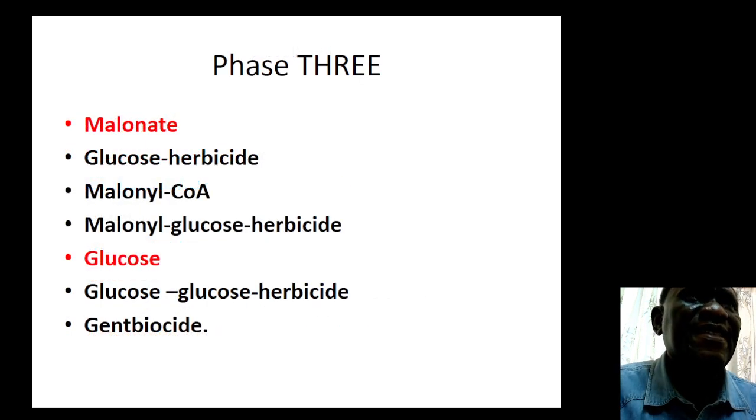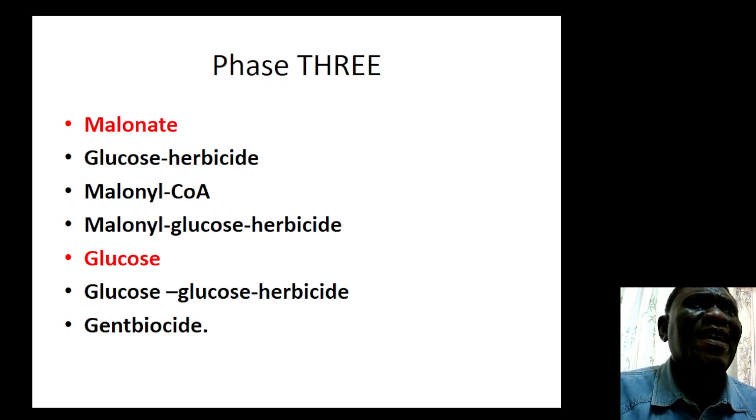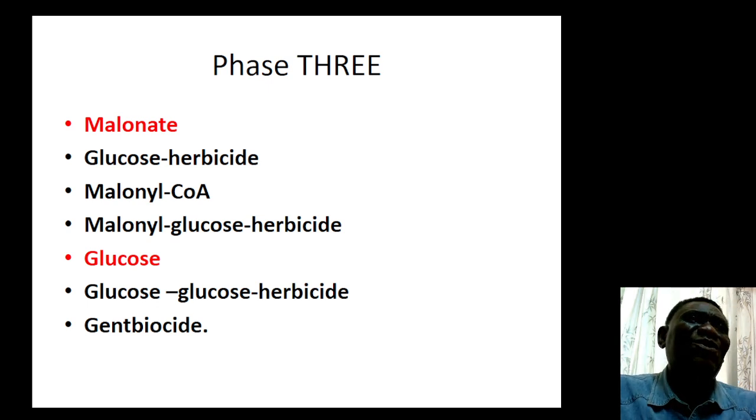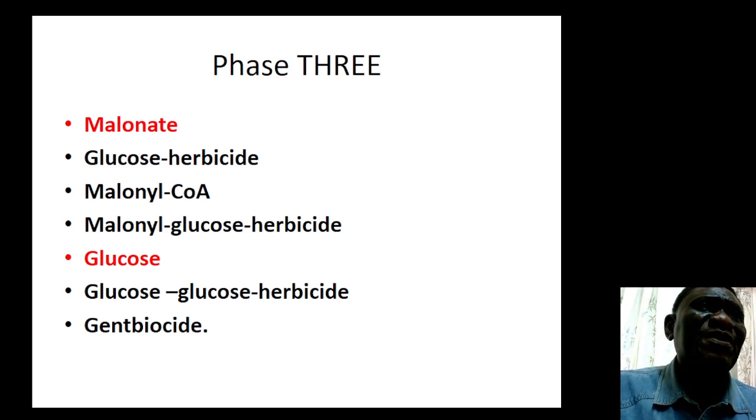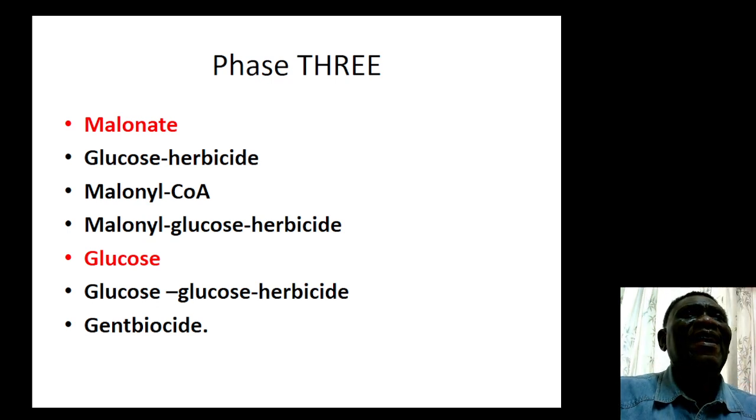Then the last phase is where we have a malonate, which combines with the glucose herbicide under the influence of malonyl coenzyme A. You get malonate glucose herbicide. Then formation of gentiobiosides, where you have glucose being added to glucose. Then we add the herbicide.